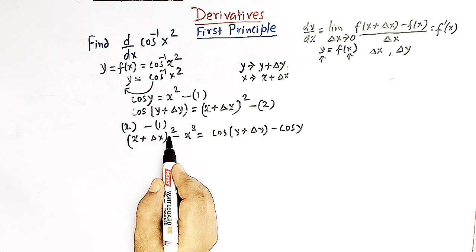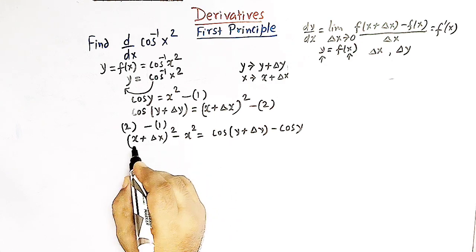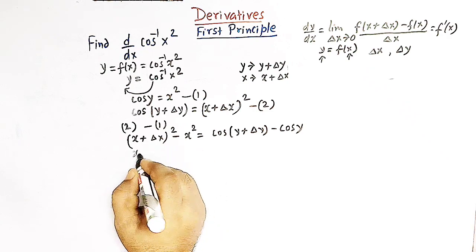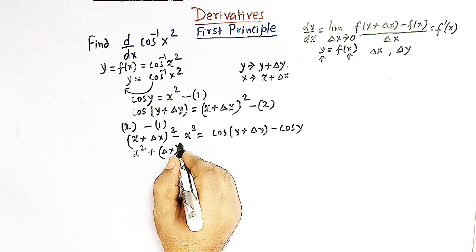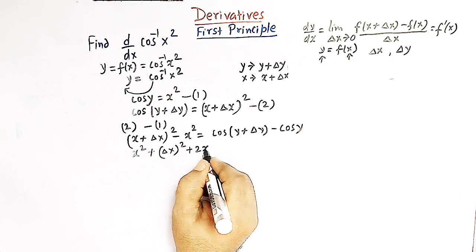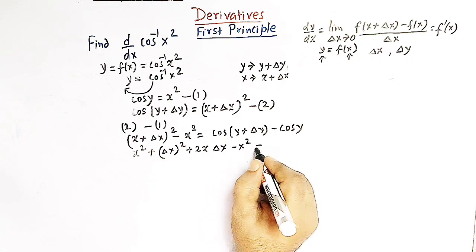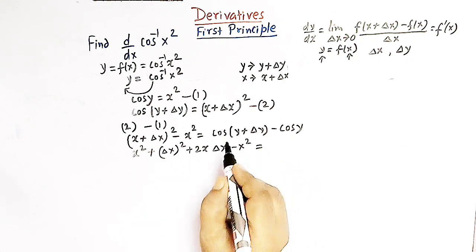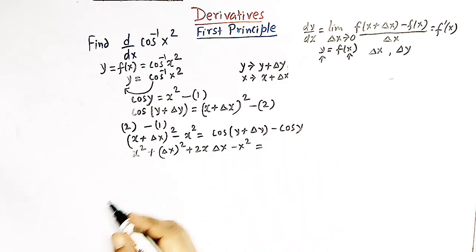Now x plus delta x square can be expanded using the identity a plus b square. So we have here x square, then we have delta x square, and then we have 2x delta x, and then we have minus x square. So this is a square plus b square plus 2ab, and here we have the difference of two cosine terms.